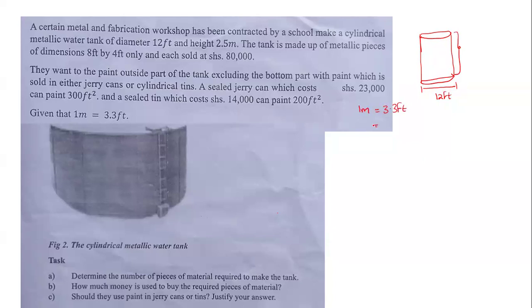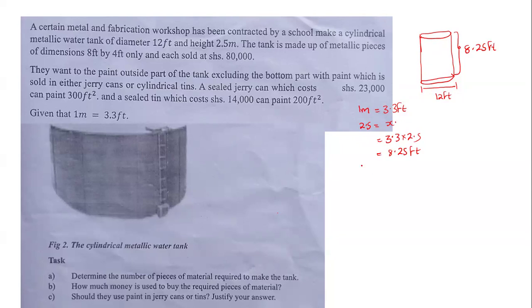Then how many meters are you looking for? 2.5. So 2.5 will equal 3.3 times 2.5. And from the chat, people have said that gives us 8.25 feet. So here I'm going to put 8.25 feet.